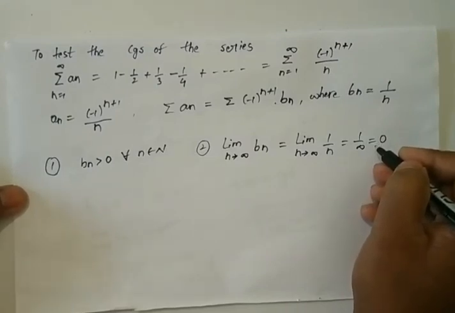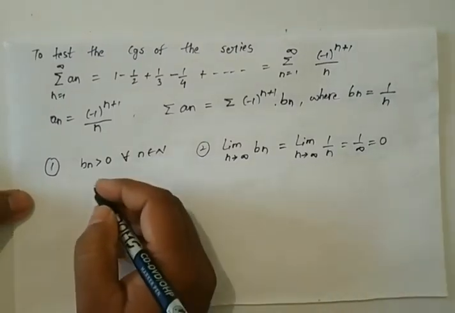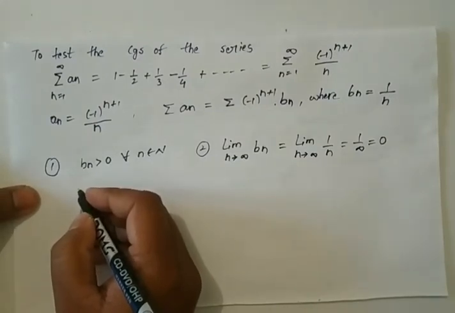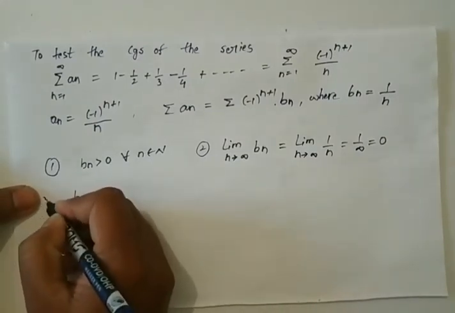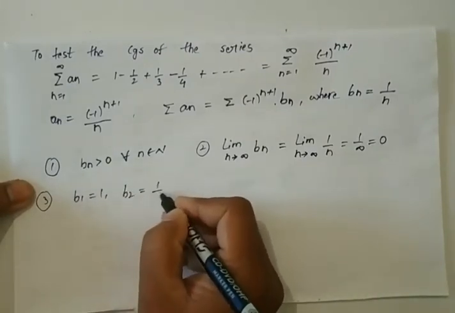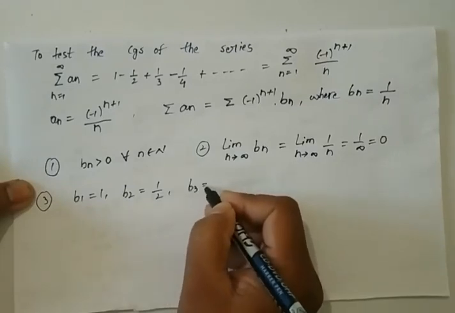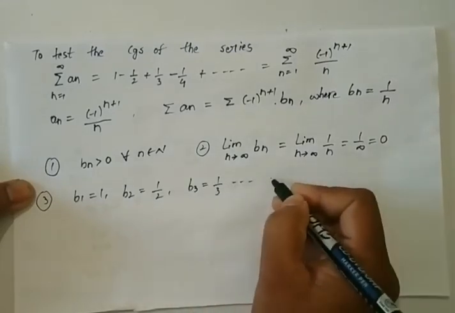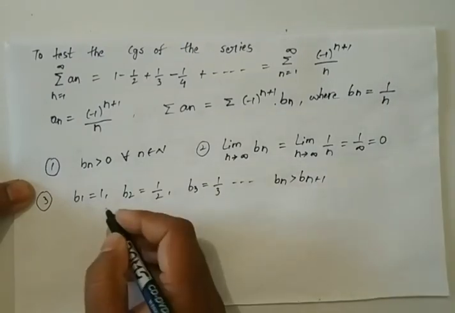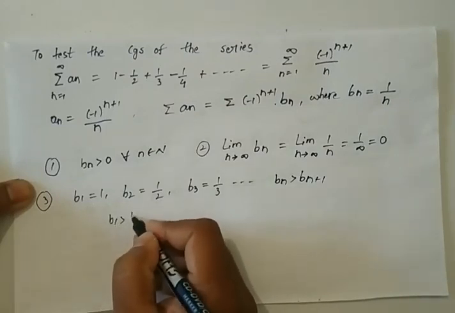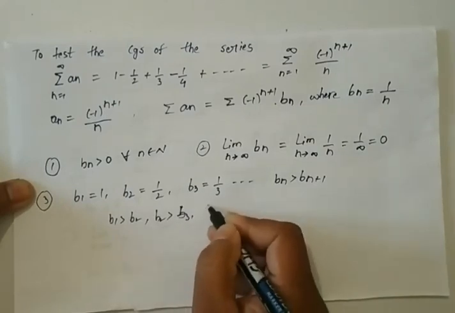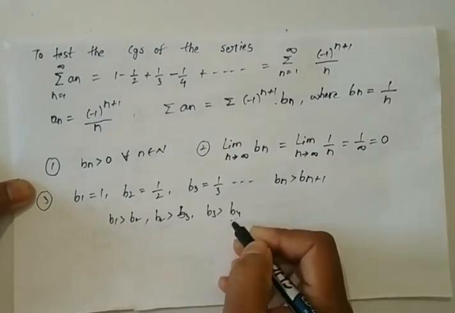Now let us check the third condition. For checking the third condition, first let us find b1. What is b1? 1. Next b2. What is b2? 1 by 2. Next b3. What is b3? 1 by 3. And so on. So finally bn is always greater than bn plus 1, because you can see here b1 is greater than b2, b2 is greater than b3, b3 is always greater than b4.